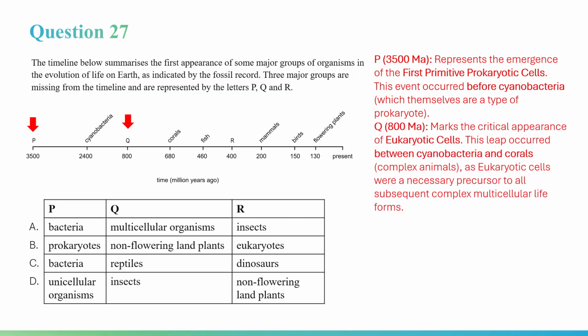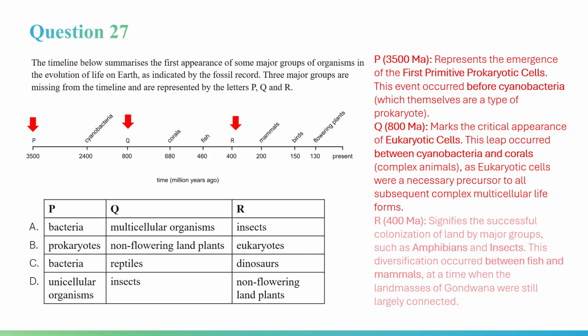This leap occurred between cyanobacteria and corals, complex animals, as eukaryotic cells were a necessary precursor to all subsequent complex multicellular life forms. R. 400 Ma signifies the successful colonization of land by major groups, such as amphibians and insects. This diversification occurred between fish and mammals, at a time when the land masses of Gondwana were still largely connected.